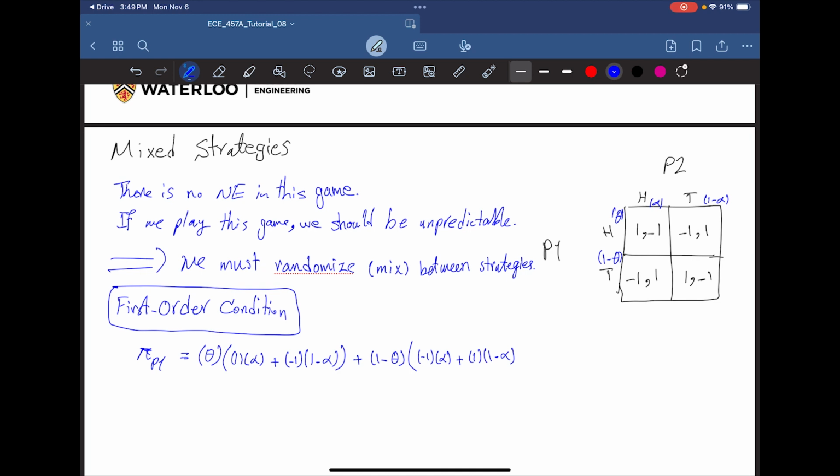So what we get here is alpha theta minus 2 theta minus 2 alpha plus 1.